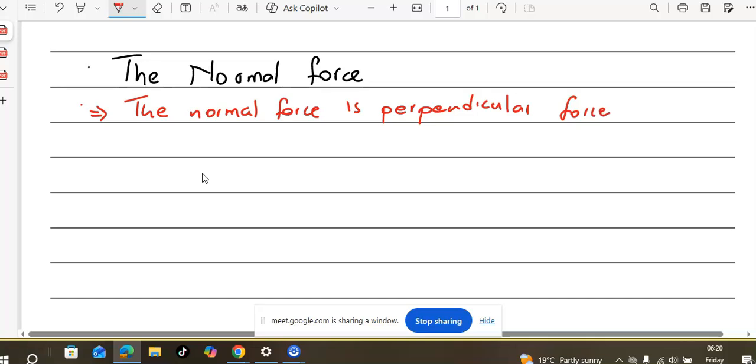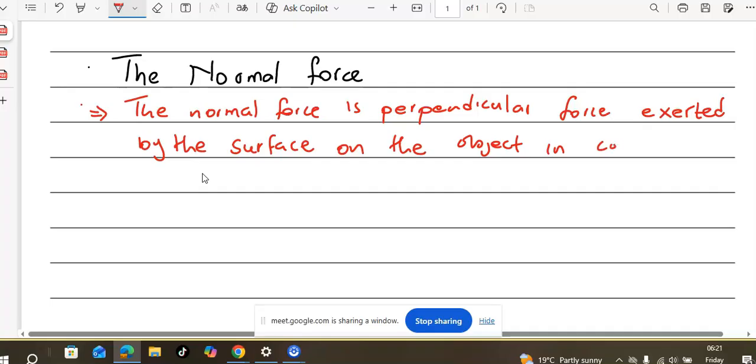So it's a perpendicular force exerted by the surface onto the object. Very important, in contact with the object.